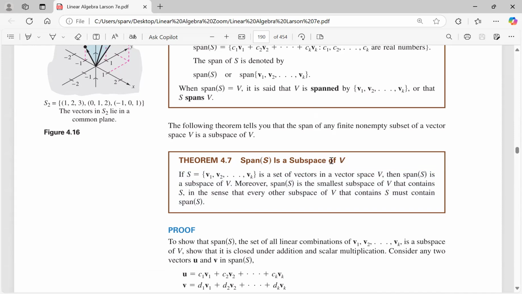Its linear combinations of all the vectors in here are going to look like all the vectors in V, so they preserve the structure that's in V. Also, span S is the smallest subspace that contains S, so every other subspace containing S must contain the span of S. It's called minimal, meaning the fewest vectors needed.